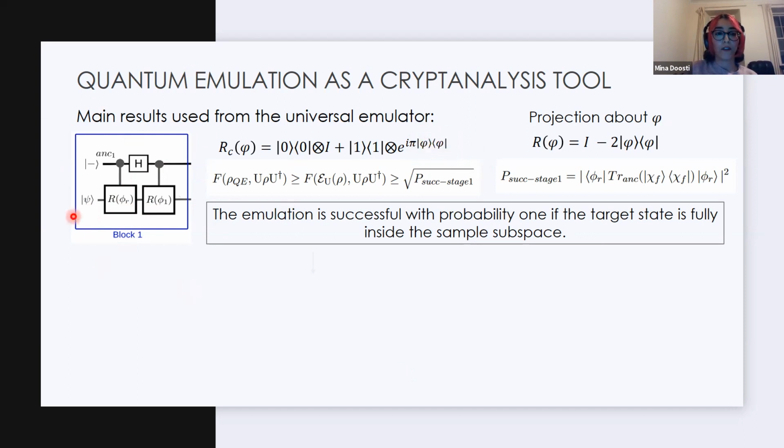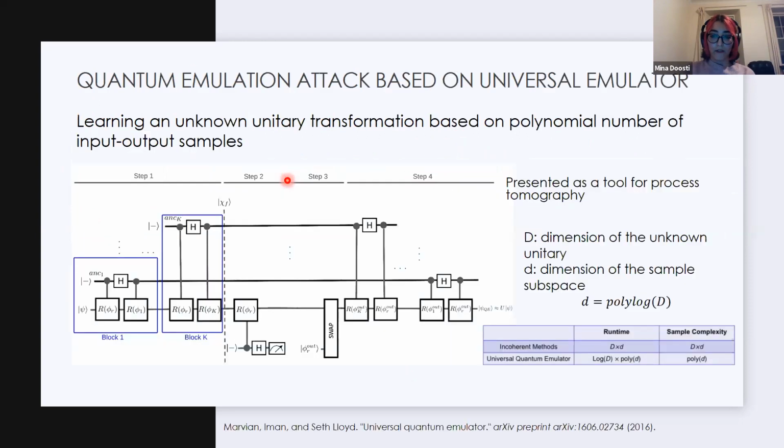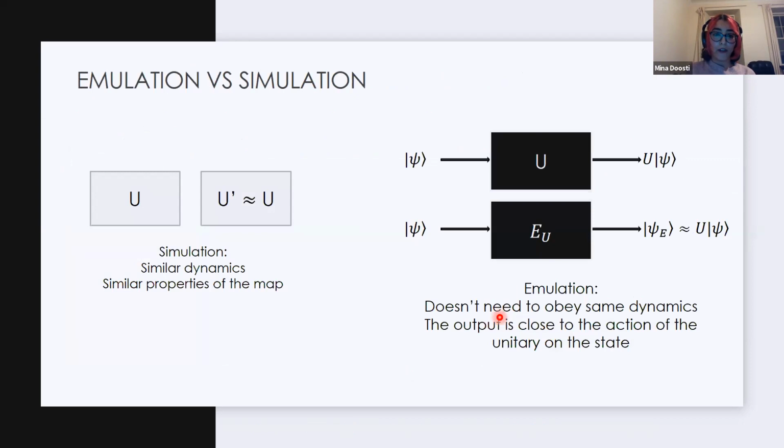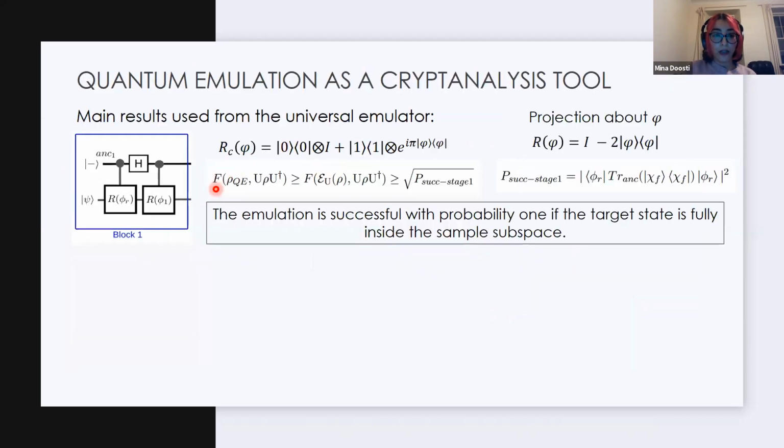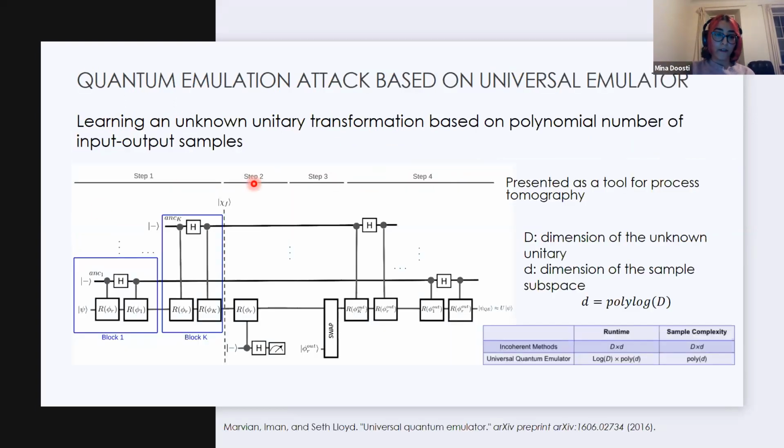So these phi are phi 1, phi 2, till the end. And the fidelity of the output state at the end is very related to the success probability of your state being successfully projected into the subspace. So if the first step of the algorithm works successfully, then with a very good fidelity, you get an output state here.